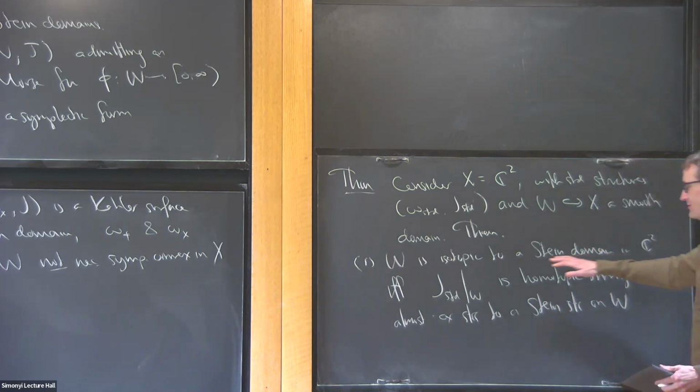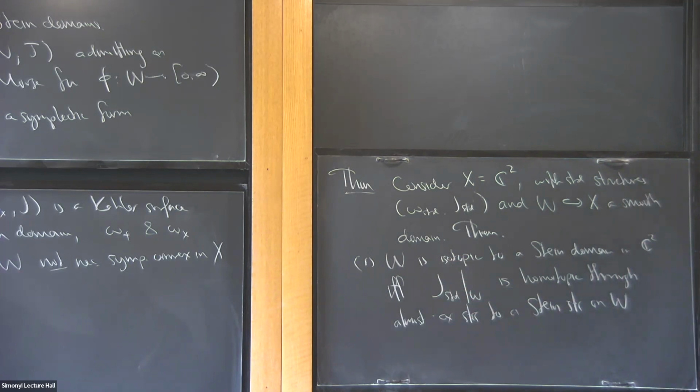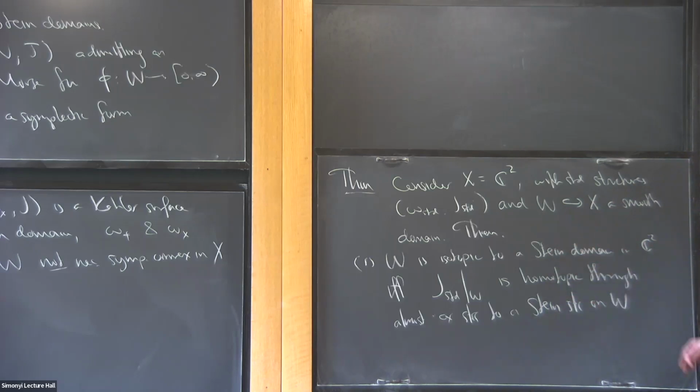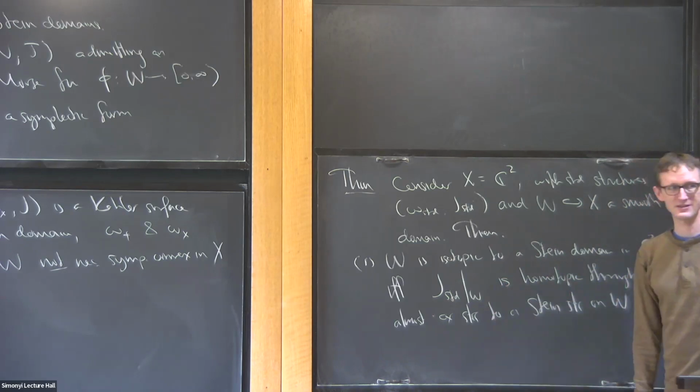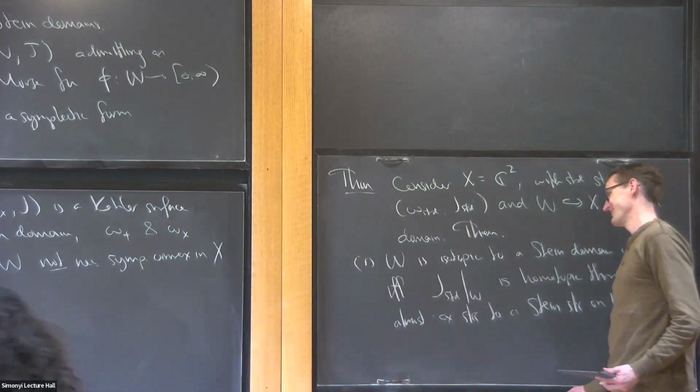In other words, W has to admit a Stein structure as an abstract manifold. If you want to deform this smooth embedding to realize it as a Stein submanifold of C2, then it's clear that the condition would have to be satisfied. And it turns out that's enough.